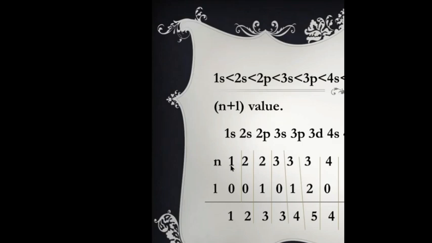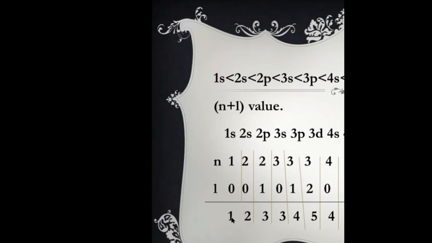So n is equal to 1, 2, and the same way 2. Here I have written all the principal quantum numbers, that is the n values. Now s means 0, p means 1, d means 2, p means 1. So I have written all the azimuthal quantum numbers. Now you add them and write the numbers, n plus l.